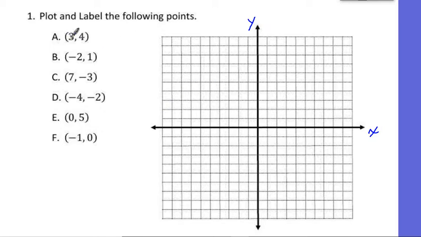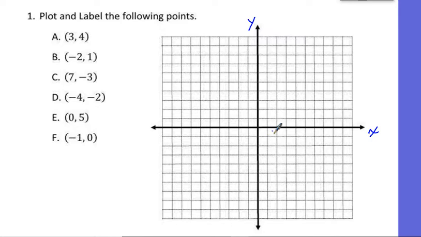So we take a look at the first coordinates in each here, the x values: 3, -2, 7, -4, 0, -1. And we see 7 is the largest and the smallest is -4. We have plenty of space, so we can go by 1 long. So each one of these will be 1.